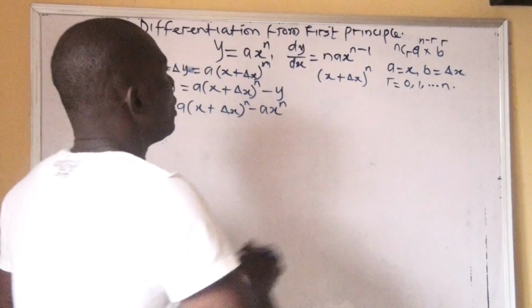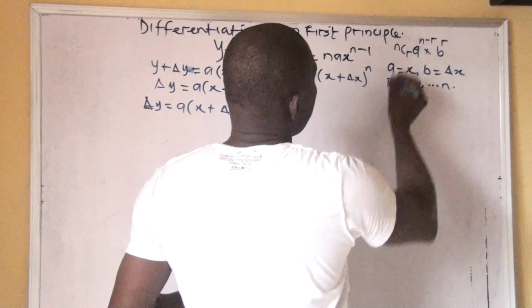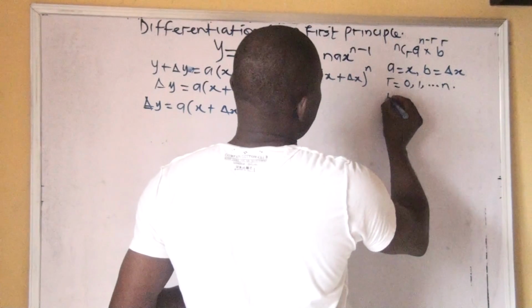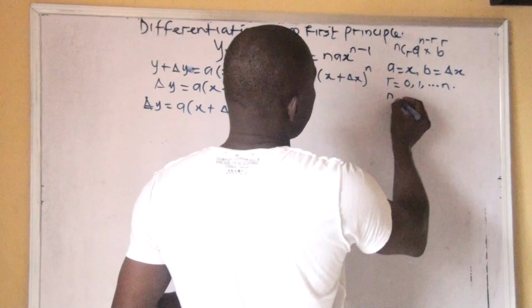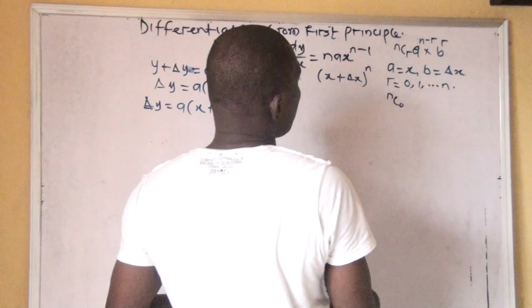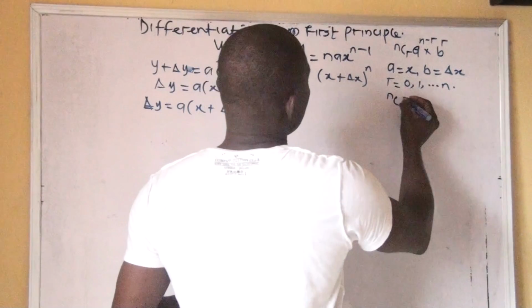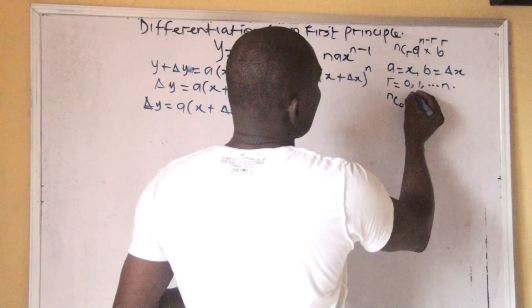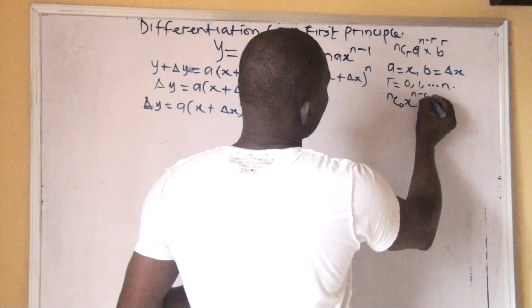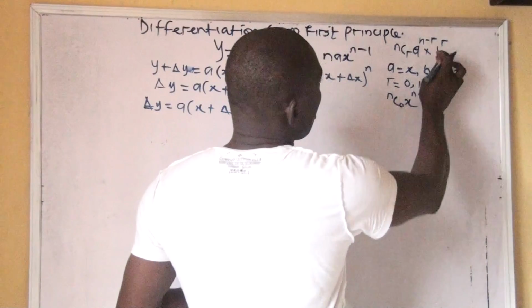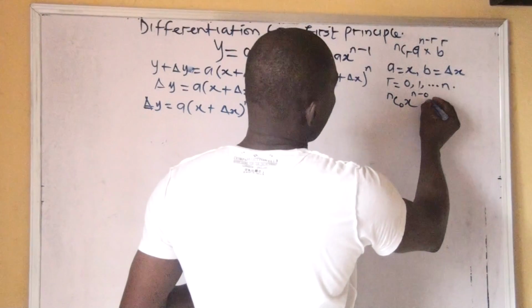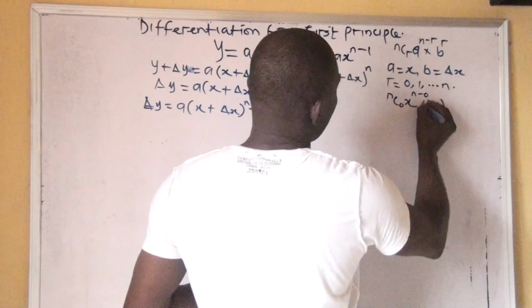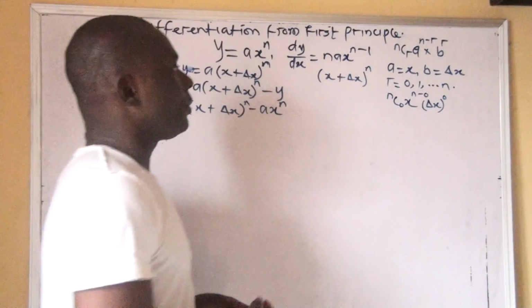Our first expansion is n combination 0, that's when r is 0. Then we have x raised to power n minus 0, and then b raised to power 0, so our delta x at this point is raised to power 0.